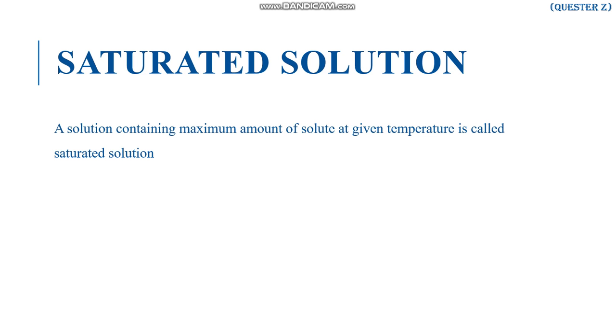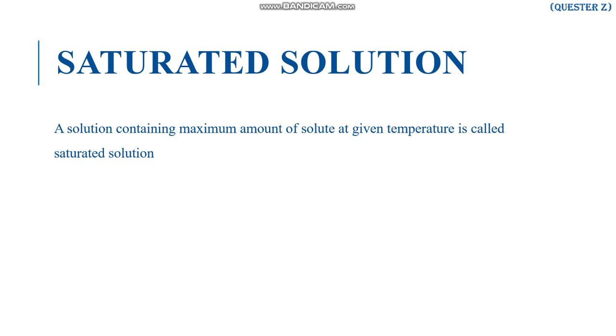So let's have an idea about what a solution is basically. A solution is a homogeneous mixture of two or more substances. A solution has two components, solute and solvent. We dissolve solute in solvent to make a solution.